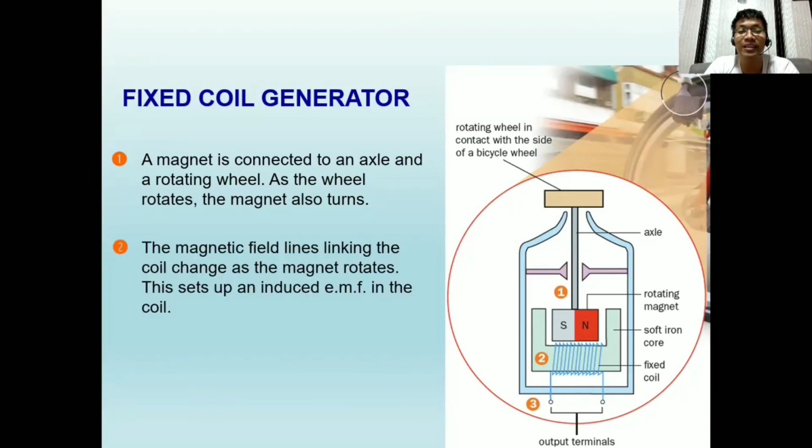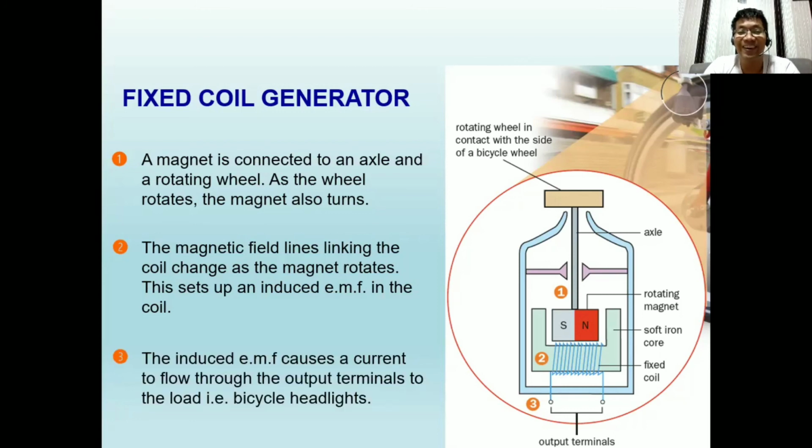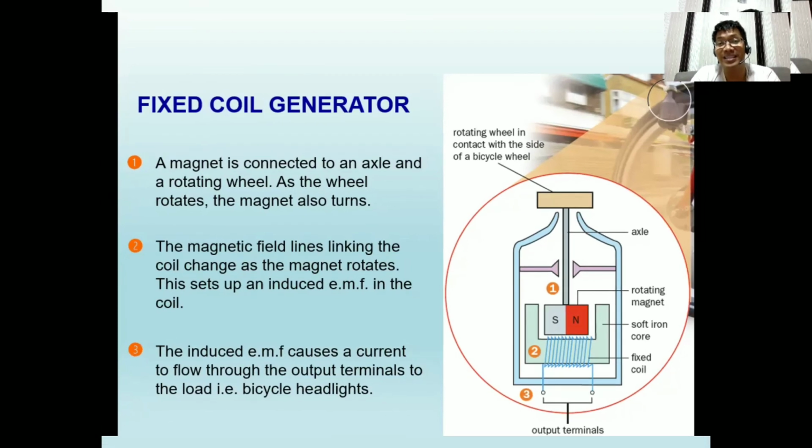Second, the magnetic field lines linking the coil change as the magnet rotates. And with that, we induce EMF. Third, the induced EMF causes a current to flow through the output terminals to the load. And usually, dahil nga nakikita natin to sa mga bicycle dynamos, then it lights up the headlights of the bicycle.